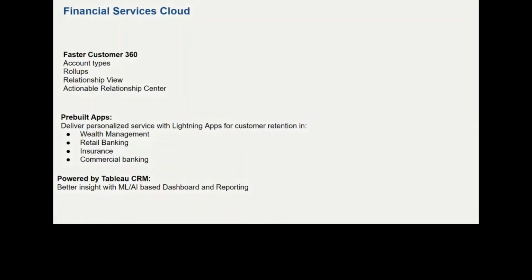I already mentioned that it has some insight with machine learning and AI and dashboard and reporting capabilities.